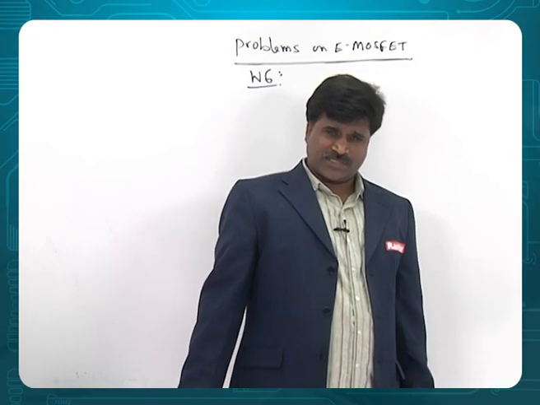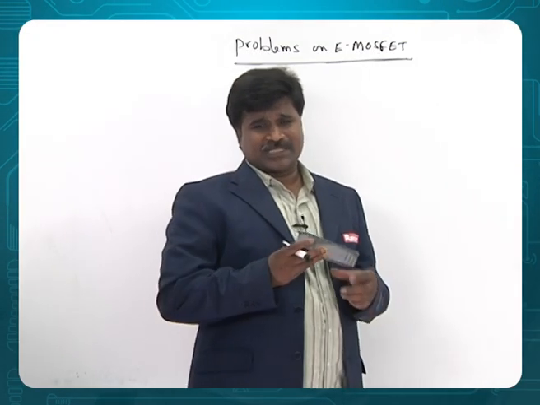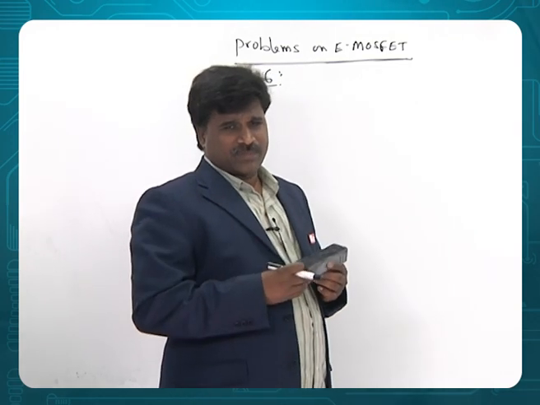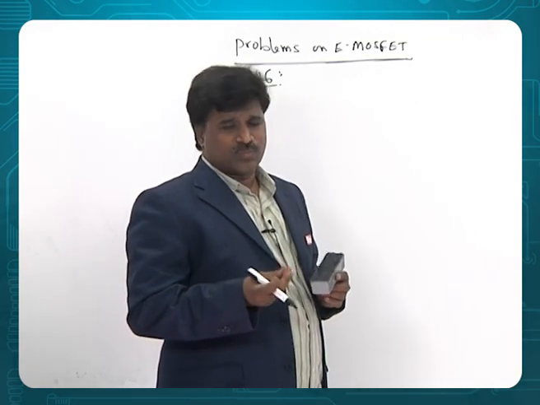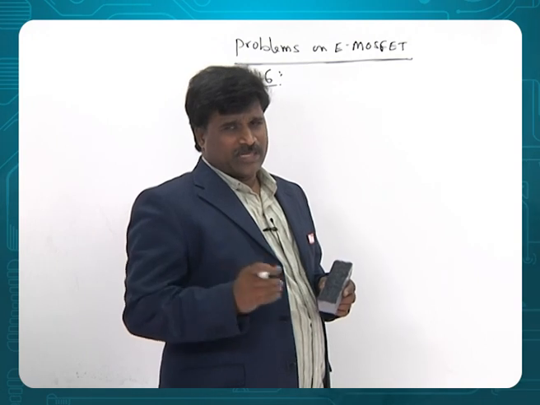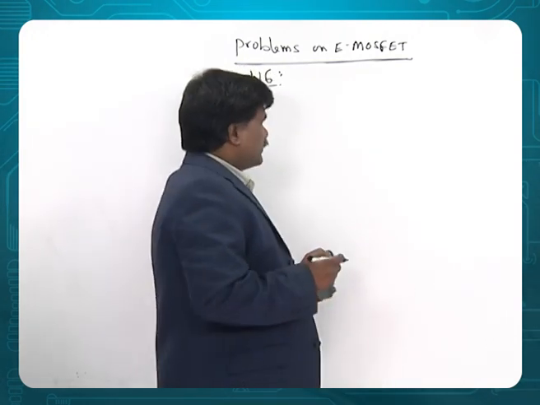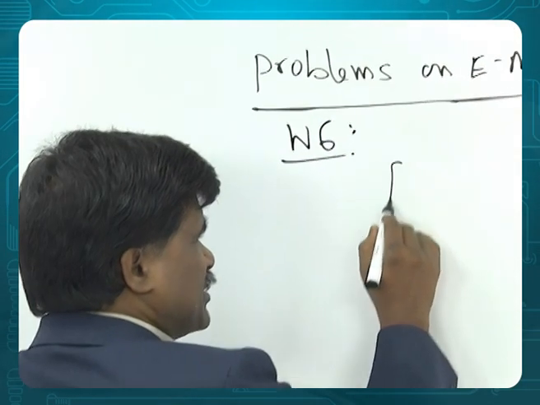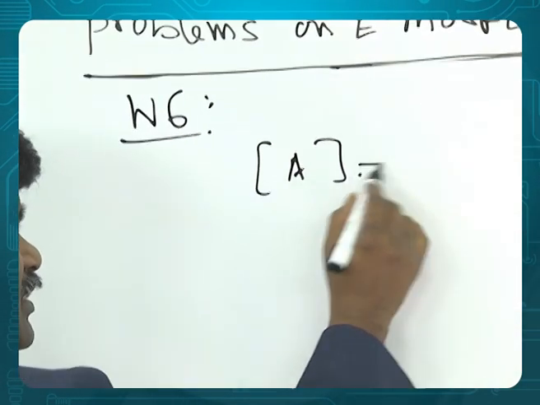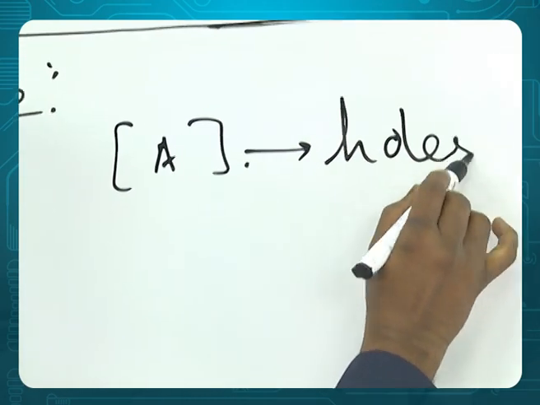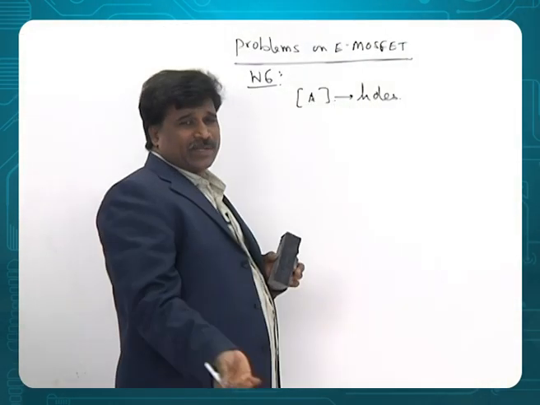It's such a small concept, but somehow they gave it, maybe because the concept is tough. So what do we answer for this? Here the option is very simple. First I am telling the option, that is holes. I will explain why it is so.